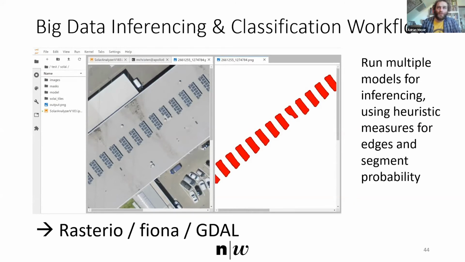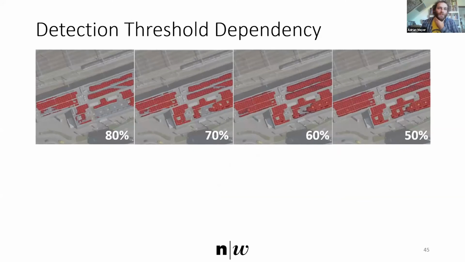Why would you go through all of this? There's a couple of reasons why we need post-classification here. When you use different detection thresholds on the Mask RCNN, you get different precisions of the masks.